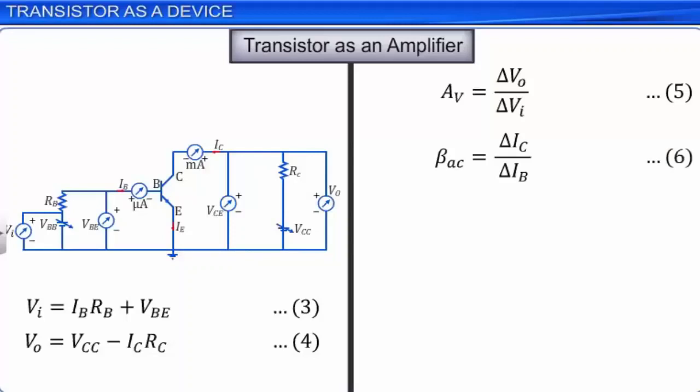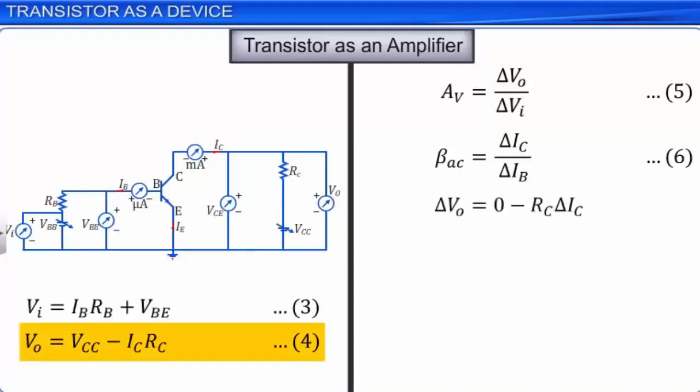Similarly, from equation 3, the small change in voltage delta VI is equal to RB into delta IB plus delta VBE. But delta VBE is negligibly small in the circuit. Then delta VI is equal to RB into delta IB. Let this be equation 8.